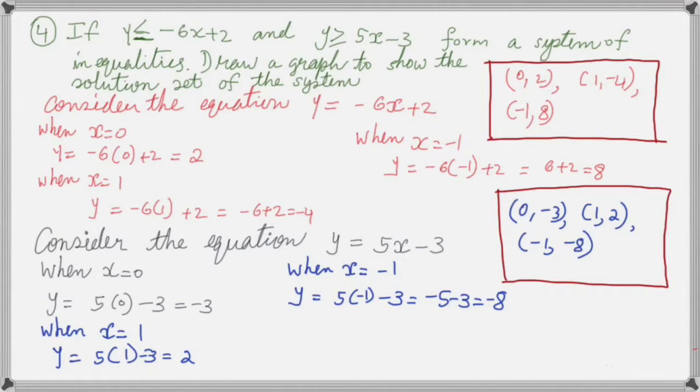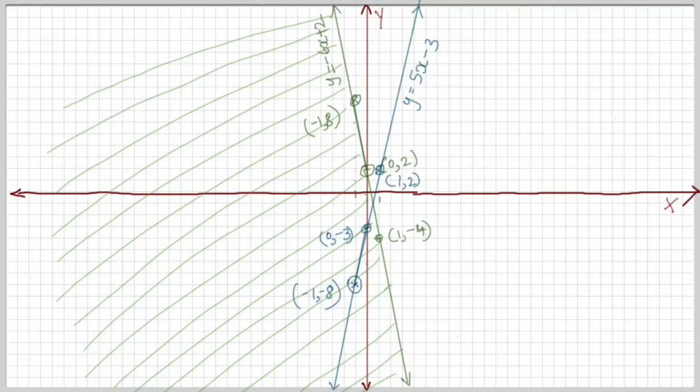Because it's y greater than or equal to, the solution would be all the points above this line, or all the values of x and y above this line, y equals 5x minus 3. Okay, so let's go ahead and shade that.